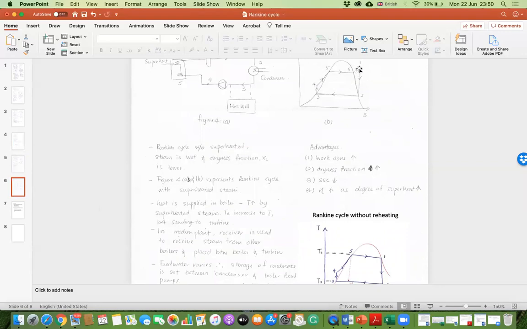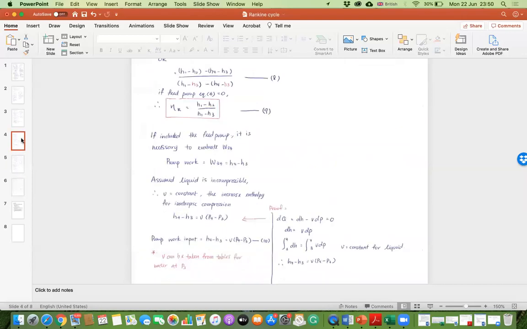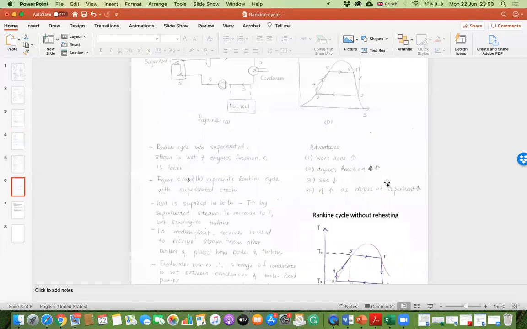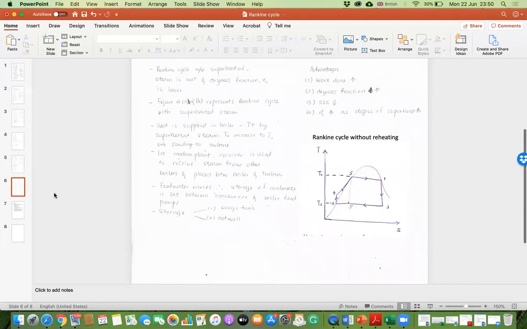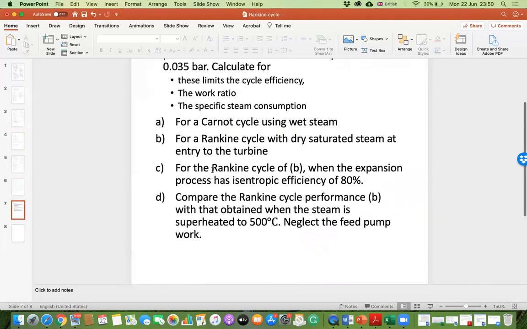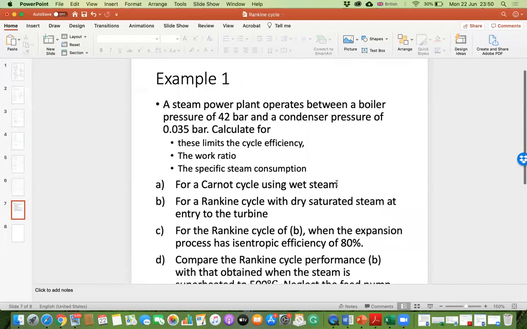Which part is superheated? H1 to 2. So when H1 increases, everything increases, right? So therefore the efficiency increases when you're using the reheater.